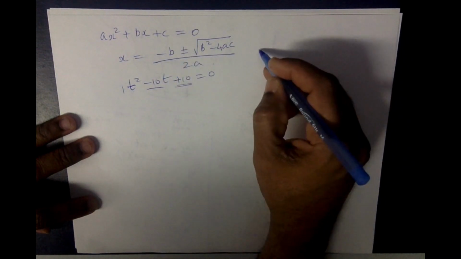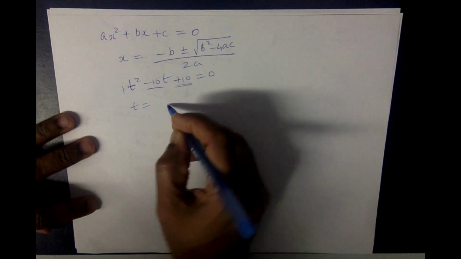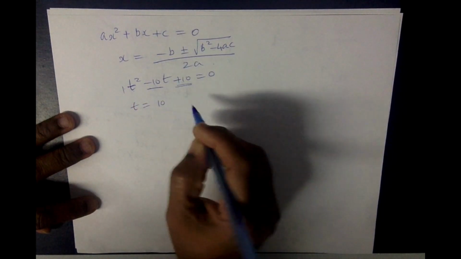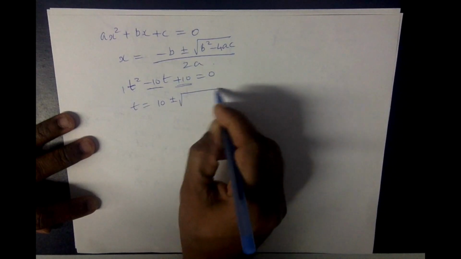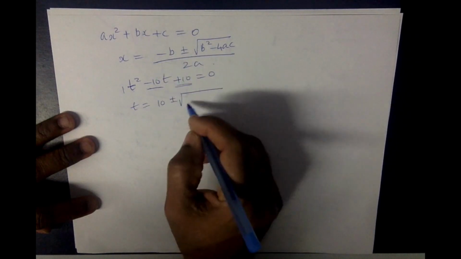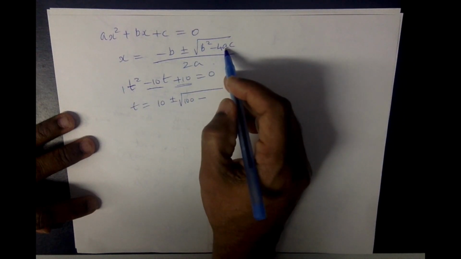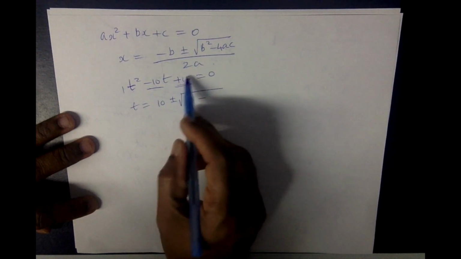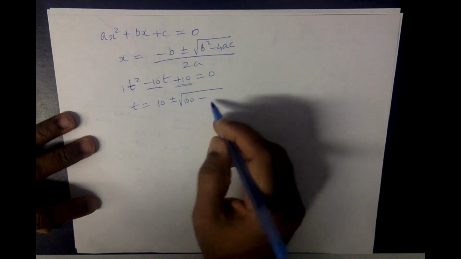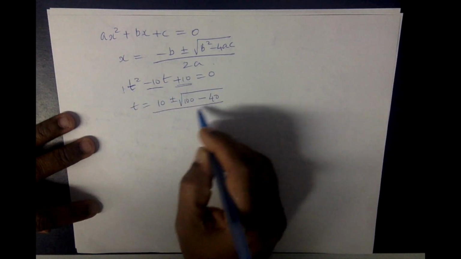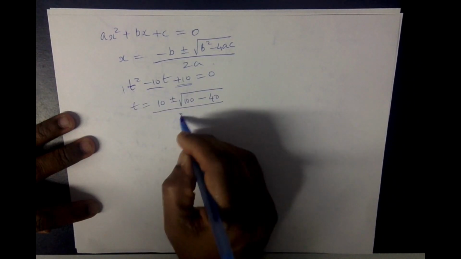If you substitute into that, t is going to be minus b. B is already negative 10, so it will be 10 plus or minus root of b squared, that is negative 10 squared, that is 100, minus 4 times a times c, 4 times 10 times 1 is 40, over 2a, 2 times 1, 2.